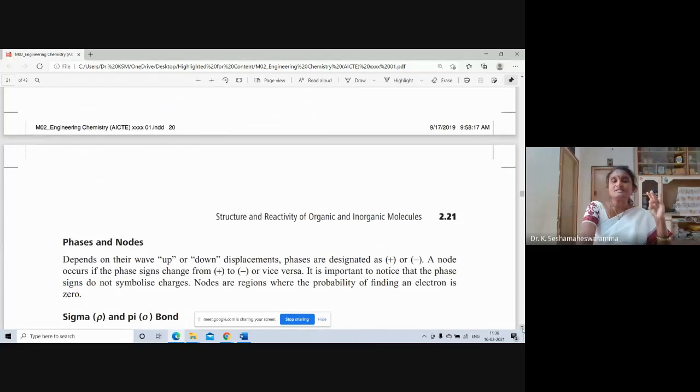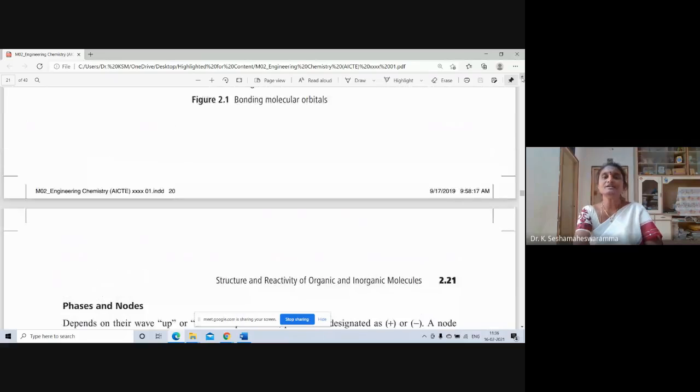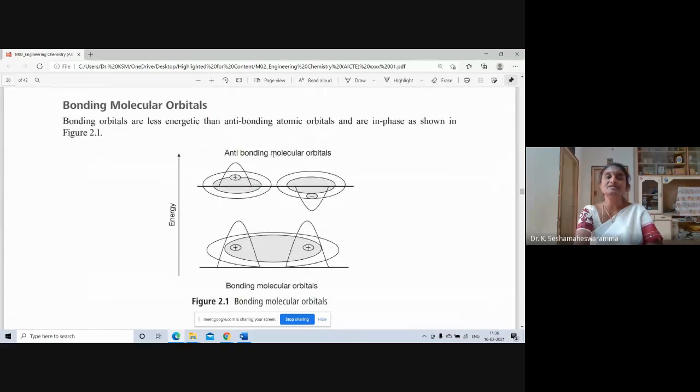Phases, as we just saw. Phases depend on their wave up or down displacements. Phases are designated as plus or minus. This is not indicated as a positive charge or negative charge. If the phase is in the upward direction, we show a positive sign here for easy identification.